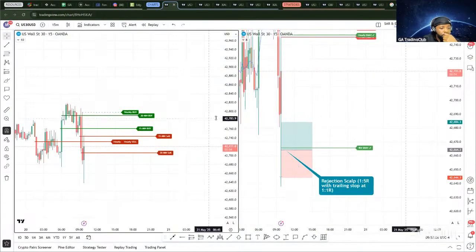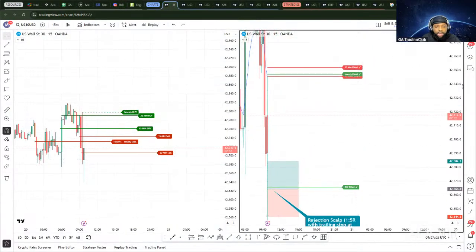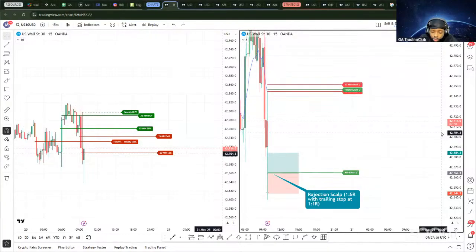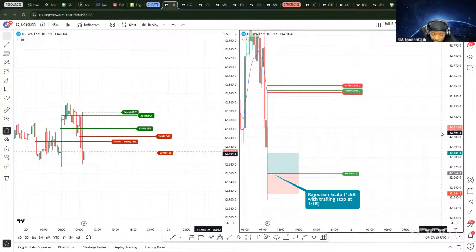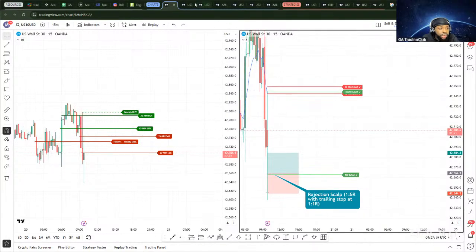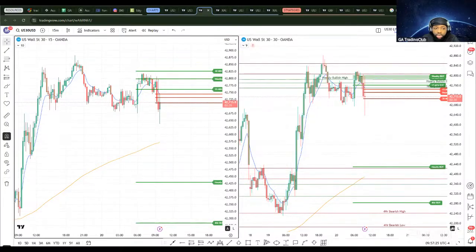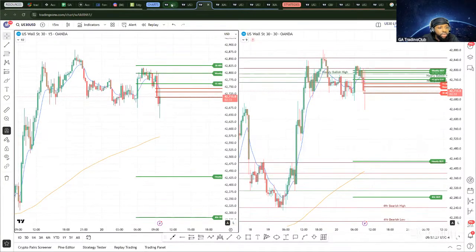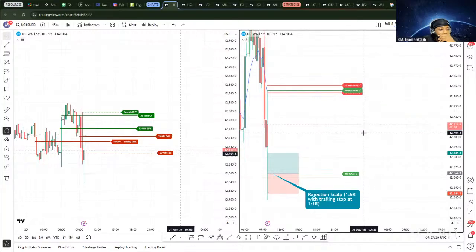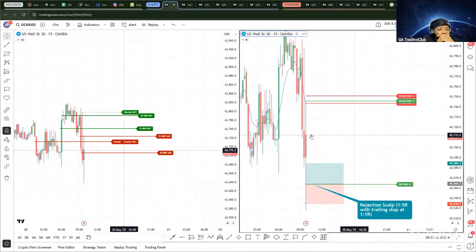So let's just see what other entry we get here. And same thing with these EMAs, right? Watch out for the high time frame EMAs. Anything hourly and above, watch out for those EMAs. Wait, I think there's a 30-minute.